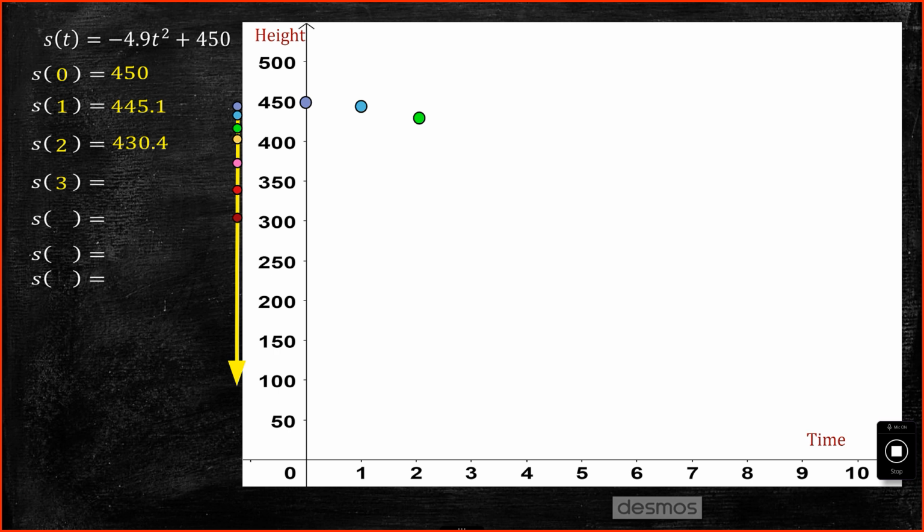Come on, somebody. Time equal to 3, 405.9. Time equal to 4, 371.6. Time equal to 5, 327.5. Time equal to 6.